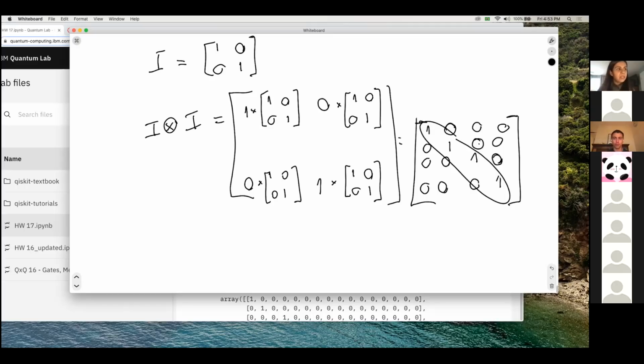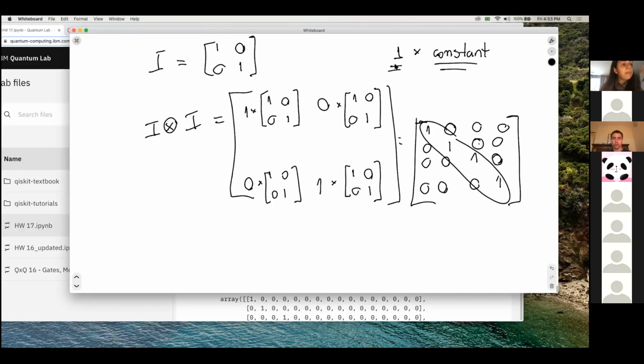So depending on the system, you have different dimensions of identities. It's the same for a constant as multiplying by 1. But a constant is dimension 1, so you only have 1 here.